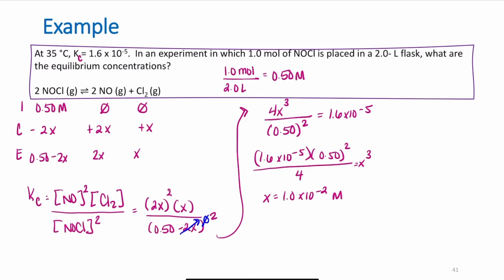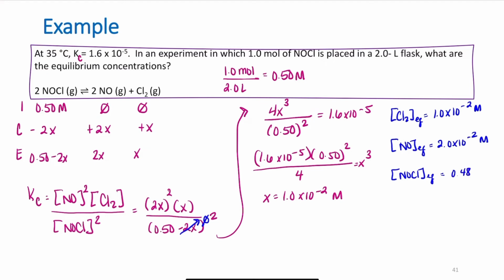With that information, I know my equilibrium concentration of Cl2 is 1.0 times 10 to the minus 2 molar. My equilibrium concentration of NO is 2x, so 2.0 times 10 to the minus 2 molar. And my equilibrium concentration of NOCl is 0.50 minus 2x, or 0.48 molar.